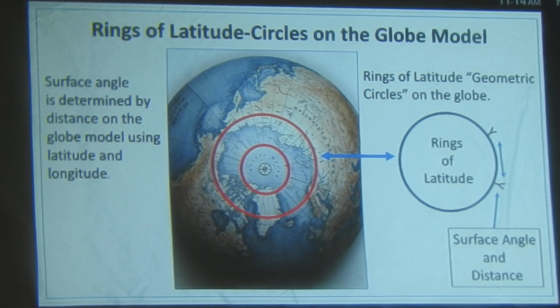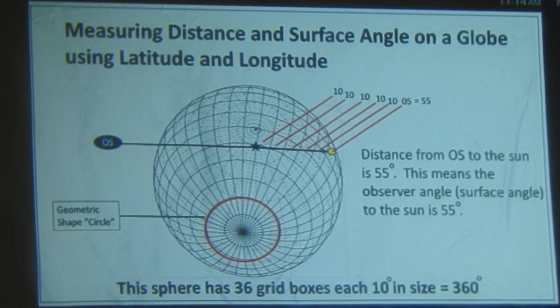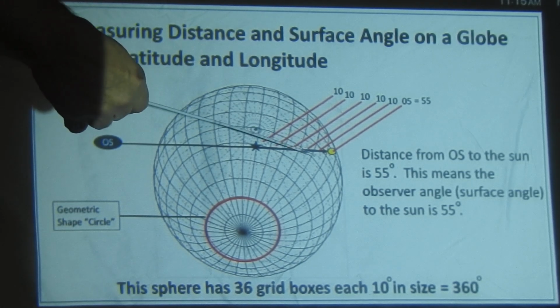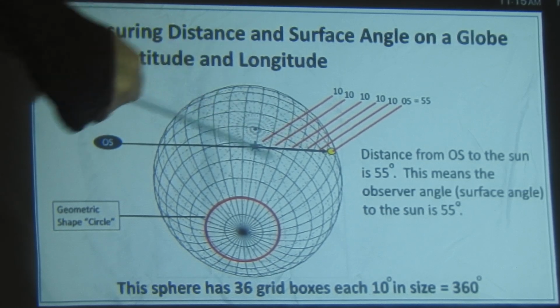So the rings are the geometric circles on the globe, and that works against that model. And here I show you an example of this, measuring distance and surface angle on the globe using latitude and longitude. A lot of people say, well, you're using the wrong map, but digital mapping gives you the exact latitude and longitude position of the sun determined by the azimuth from the OS.